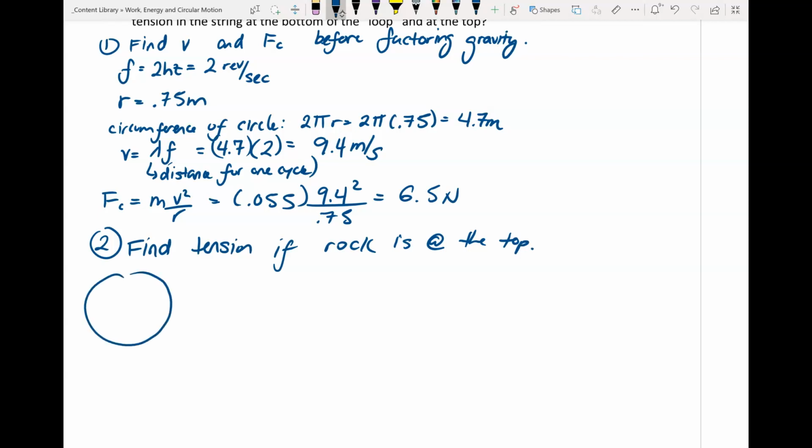Here's our diagram. We have gravity acting upon this rock. We also have our tension of the string. And our centripetal acceleration goes in the same direction as our centripetal force, which is towards the center. So all three vectors are acting downwards.